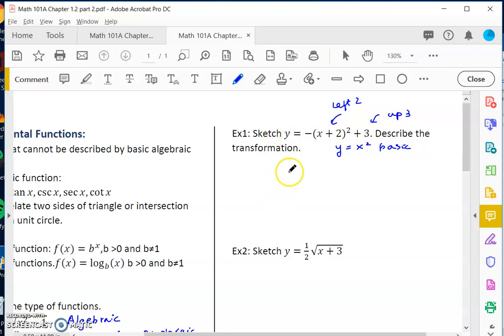So the graph would be originally like this for basic, and then you do left by 2, up 3, and then a reflection down. Okay, so that's how you sketch it.